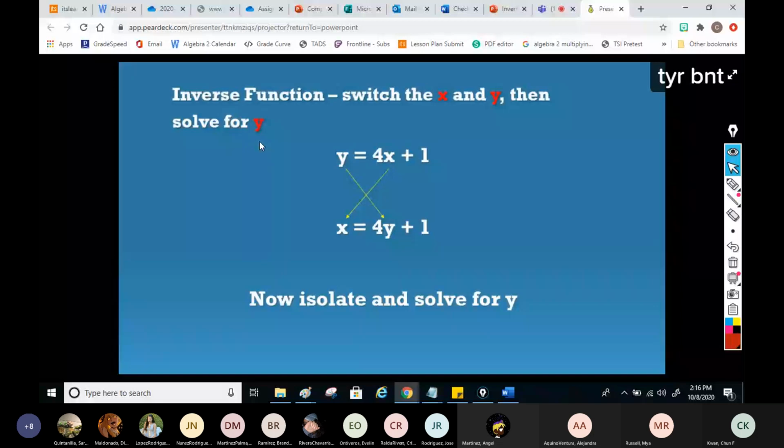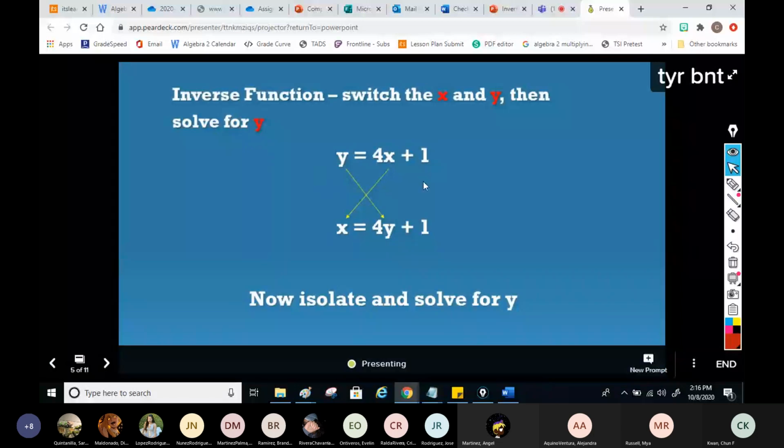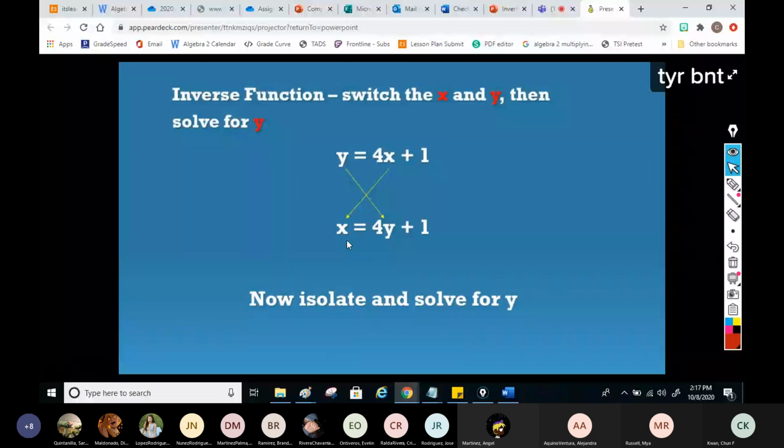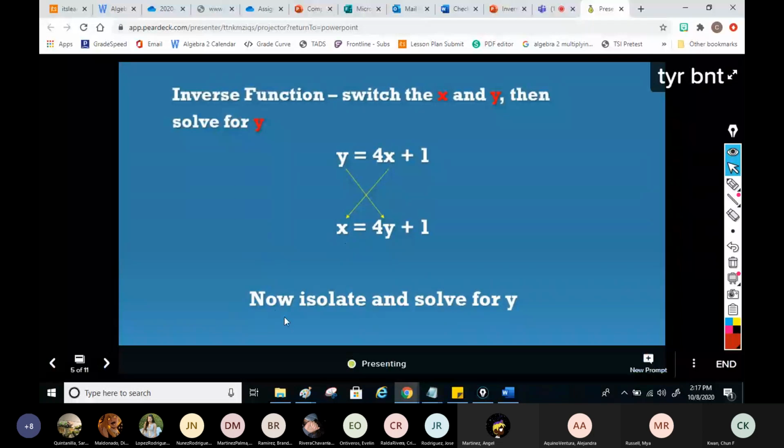It is that simple. When I give you y equals 4x plus 1, I want you to switch the x and the y, so the y becomes the x and the x becomes the y. After that, I want you to isolate and solve for y.